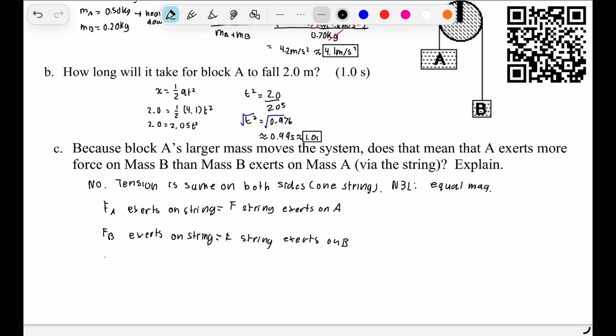And then the reason why they accelerate differently is because their masses differ, not because their forces differ. So when you have force equal to mass times acceleration, it is dependent on force, mass, and acceleration. Just because they have different accelerations, it doesn't mean that it's solely because of force. Mass is also a key player in the acceleration.